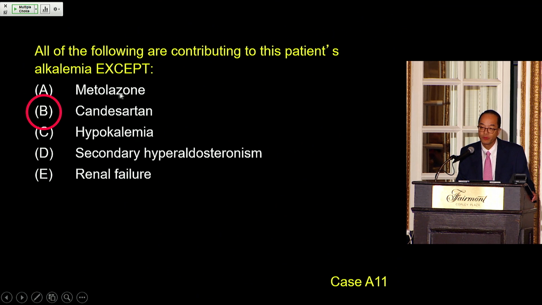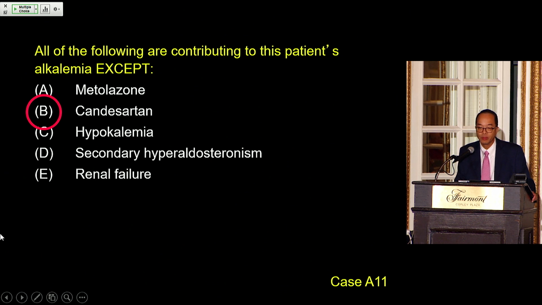The metolazone, which is a thiazide diuretic, does. Candesartan does not. It does the opposite, right? It blocks angiotensin II, so in theory it would cause acidosis, if anything. The question is, what's the contribution of renal failure? The contribution of renal failure is it decreases the ability to adapt to an acid-base disturbance.